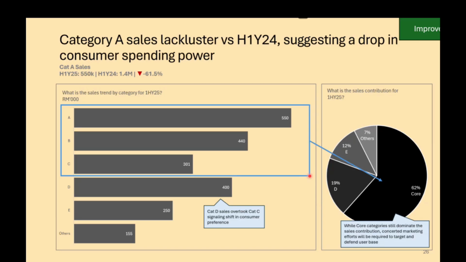It is not stealing the attention, because red steals the attention. I do not want to steal your attention. I just want to guide your eyes gently this way to see the sales contribution. And I also have a comment here to say that while it still dominates, concerted marketing efforts will be required to target and defend the user base. That is my CTA on this one slide.